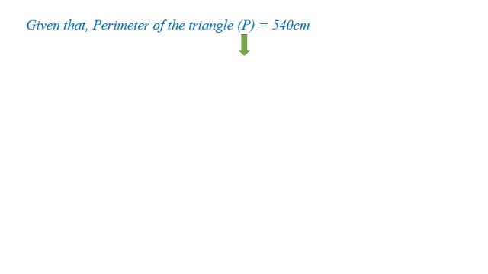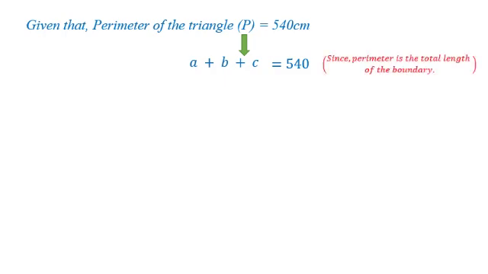In place of this P, we can write a plus b plus c, which equals 540, because perimeter is the total length of the boundary, and we know that a, b, and c are the sides of the triangle or its boundary. So the sum of these sides a, b, and c will give us the perimeter of the given triangle.